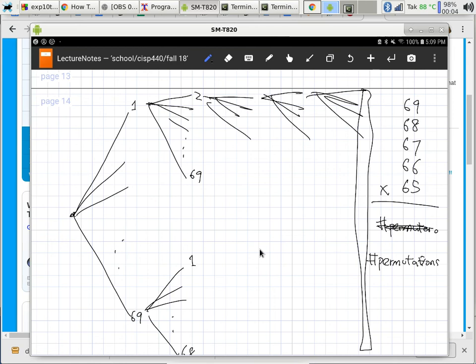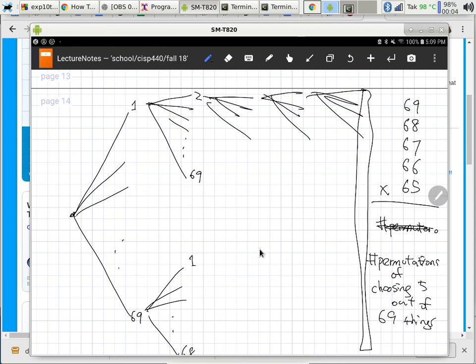Okay, let's be more specific now. We're choosing the lucky numbers of Powerball Lotto. So how many things are we choosing? We need 5, okay? It's choosing 5 out of how many again? 69, sorry. Okay.